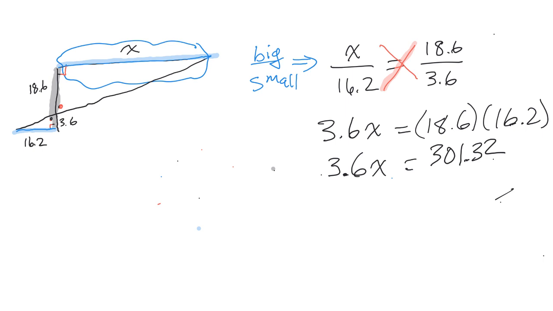So now what do we have to do? Can someone tell me? Divide by 3.6. Exactly. Divide by 3.6 on both sides. Excellent. So now that we divide by 3.6, we get 301.32 divided by 3.6, which is equal to 83.7.